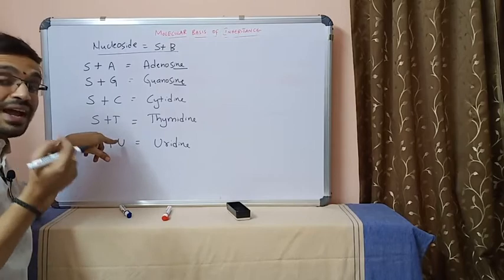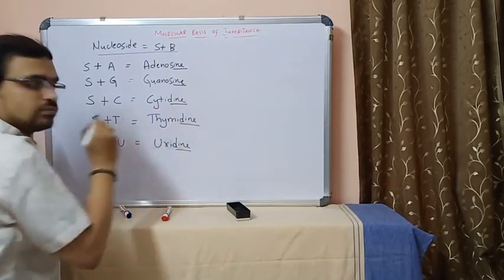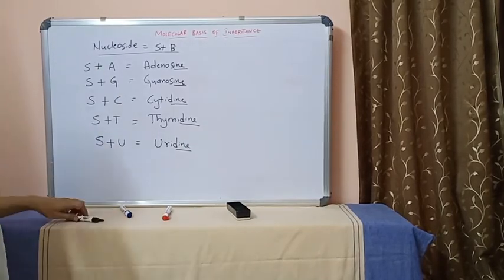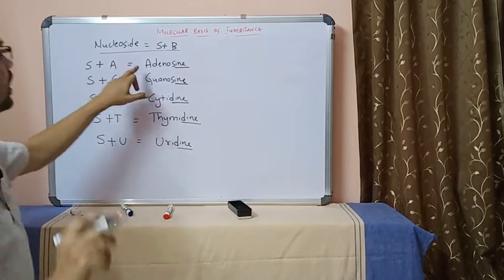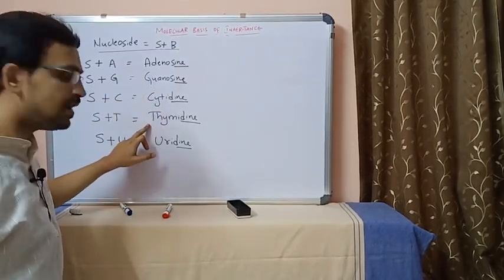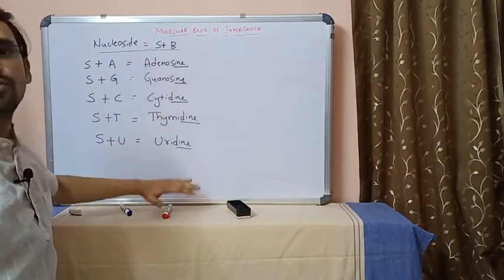The suffix for pyrimidines is D-I-N-E. So nucleosides are of 5 types: adenosine, guanosine, cytidine, thymidine, uridine.